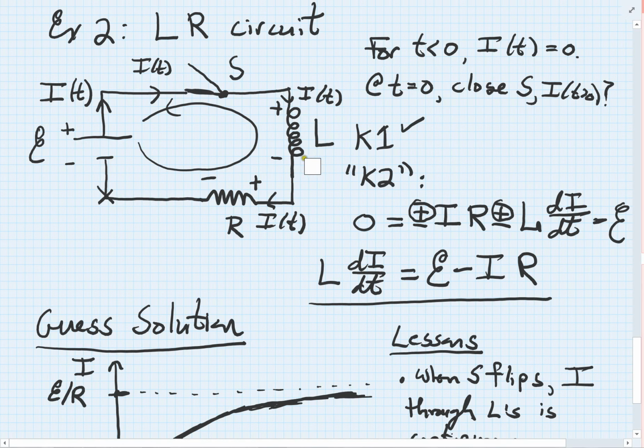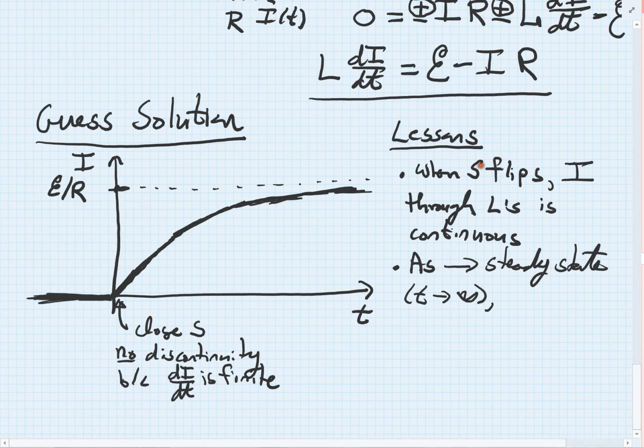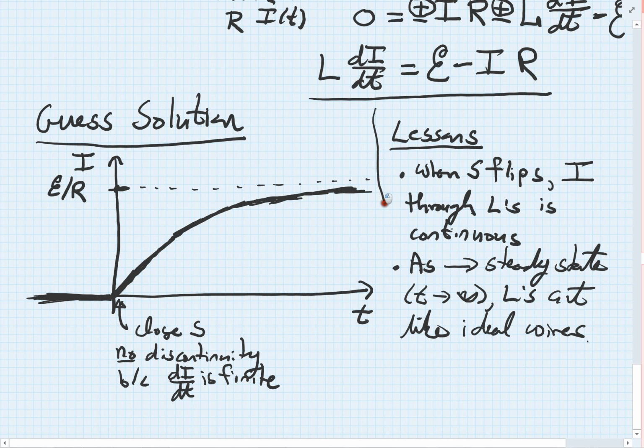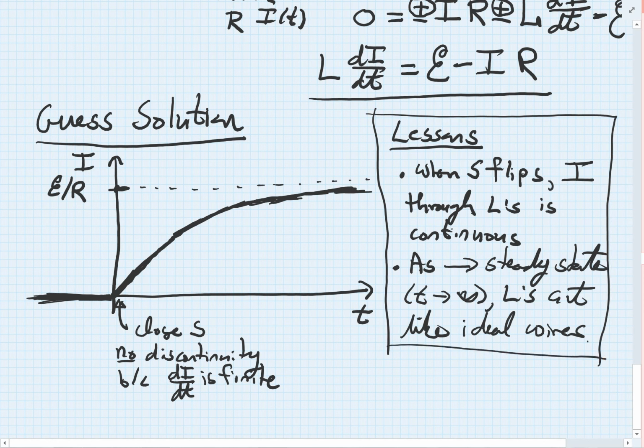It acts just like a wire. In fact, if we replace this with a wire, then we have a standard battery-resistor circuit, and we would get the current exactly correct. So as that happens, the inductors act like ideal wires. Very good. Those are the key general physical principles that you can use to understand the limiting case behavior that we would expect out of inductor circuits.